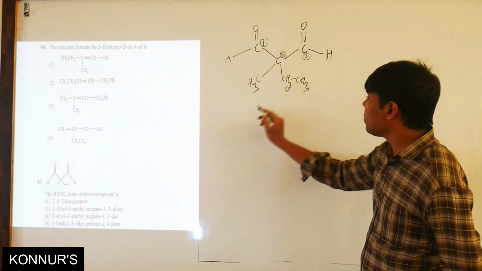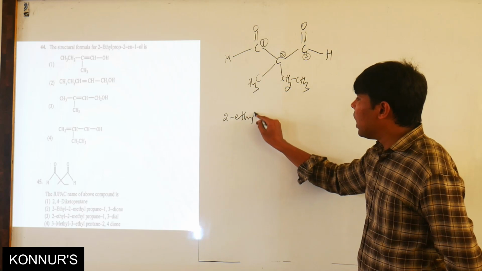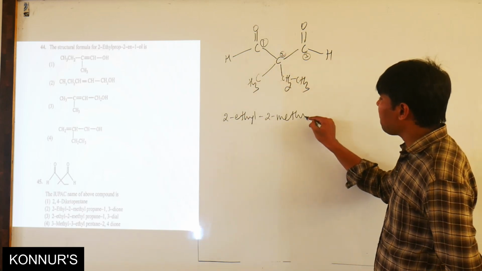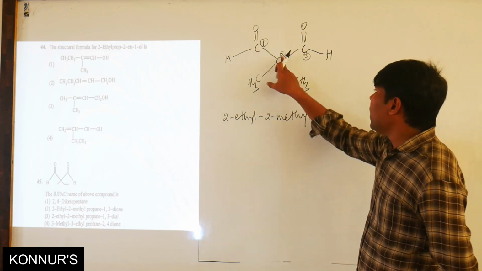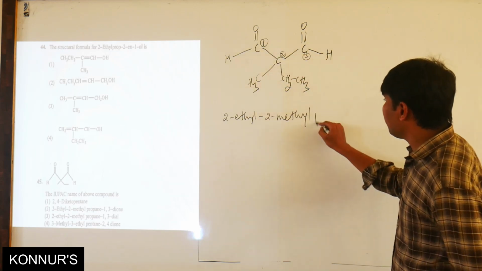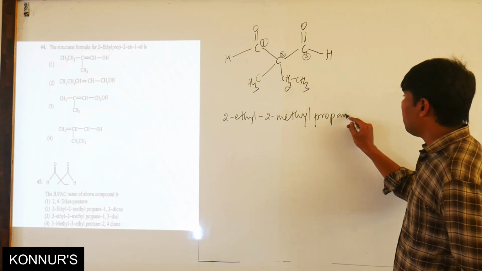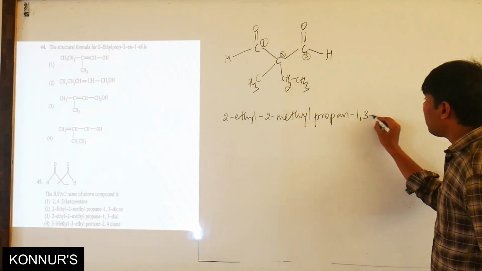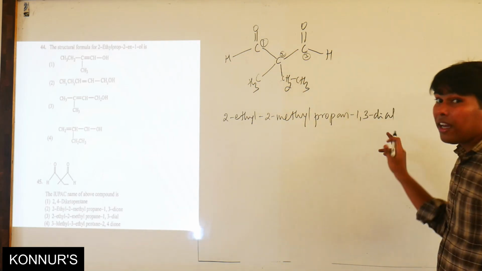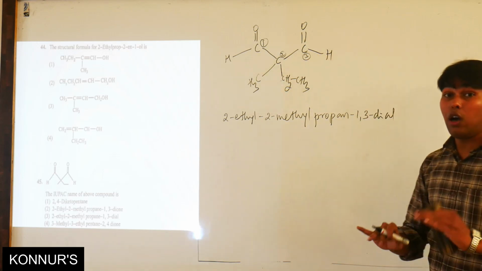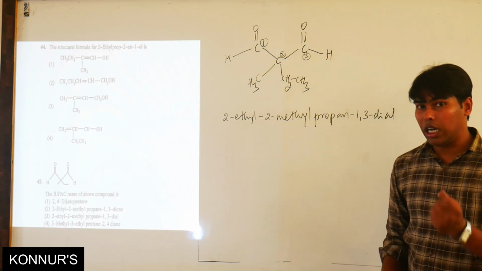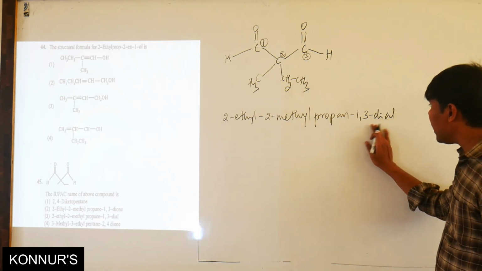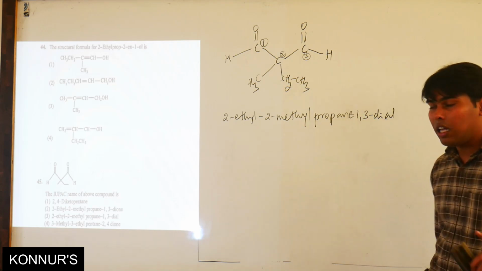So alphabetically E comes first. 2-ethyl, 2-methylpropane-1,3-diol. Al is there because it's aldehyde, not a diol. Ol stands for alcohol, al stands for aldehyde. Since this suffix starts with a consonant, the last letter e is retained.